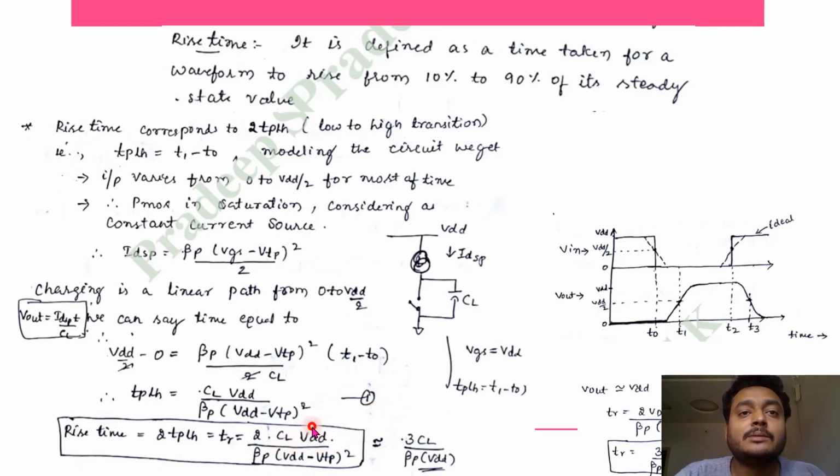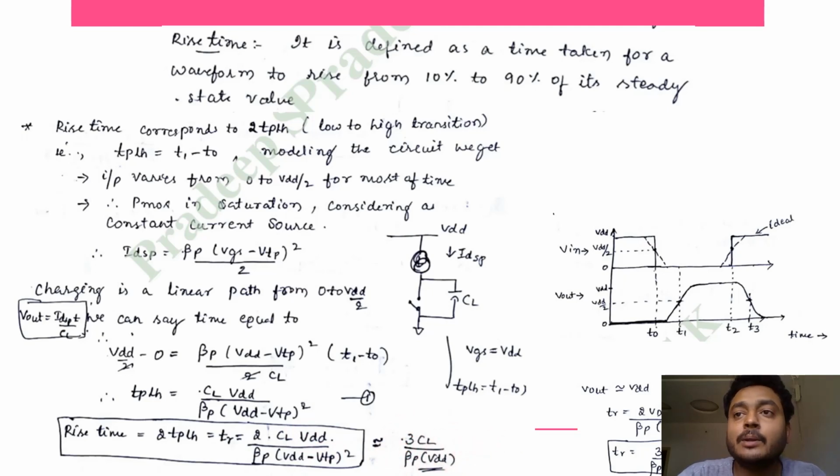In this case it is approximated as 3 into CL divided by beta P into VDD. We get this equation because we are assuming the threshold voltage VTP is equal to 0.2 times VDD. So we replace this VTP with 0.2 times VDD, and after solving, you get approximately 3 times CL divided by beta P into VDD.